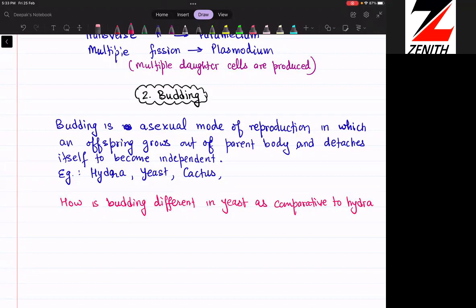Sir, in budding in yeast, I think the nucleus of the parent is divided among the daughter cells. No. In case of Hydra also, the first nucleus is being elongated and it's getting divided, and then the budding continues.